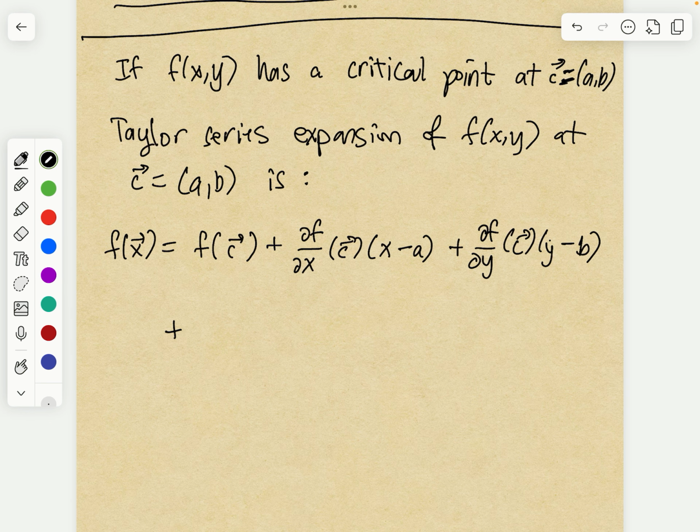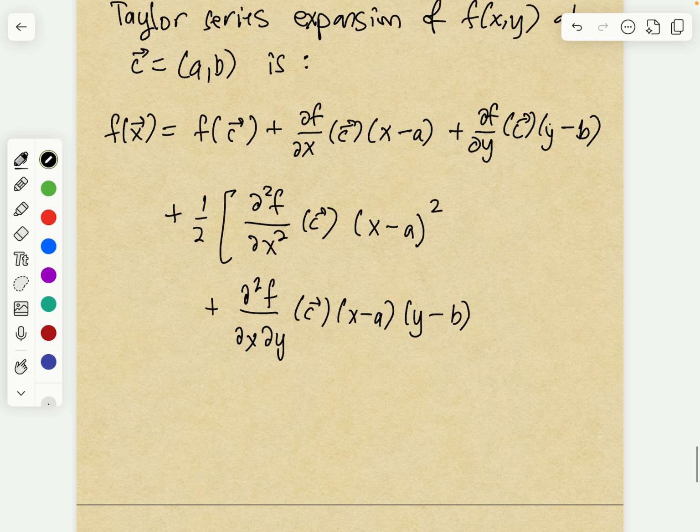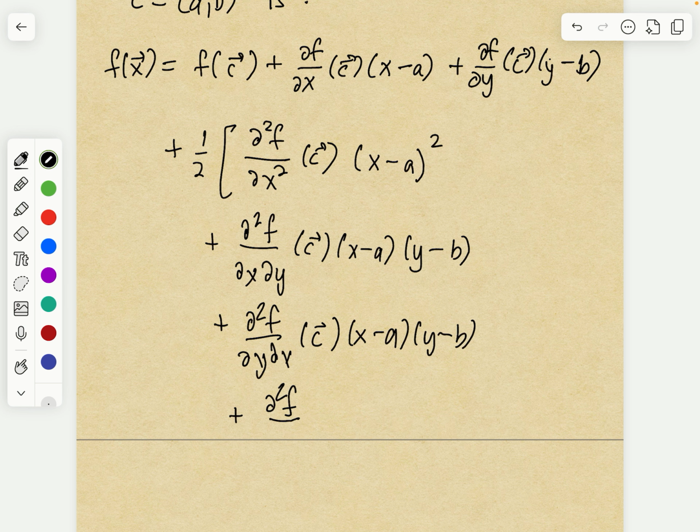Okay, so you have this, and then the second order terms, you're going to have 1/2 times the second partial derivative with respect to x squared at c times (x minus a) squared, plus the second partial derivative with respect to x and y evaluated at c times (x minus a) times (y minus b), plus the second order partial y x at c times (x minus a) times (y minus b), and then plus the second partial derivative with respect to y at c times (y minus b) squared.